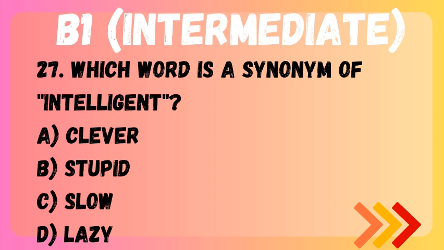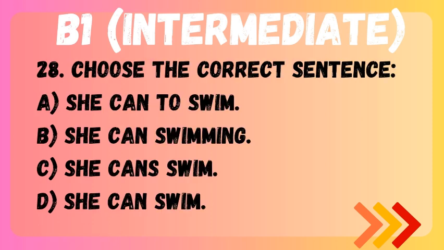D. Lazy. 5, 4, 3, 2, 1. 28. Choose the correct sentence. A. She can to swim. B. She can swimming. C. She can't swim. D. She can swim. 5, 4, 3, 2, 1.